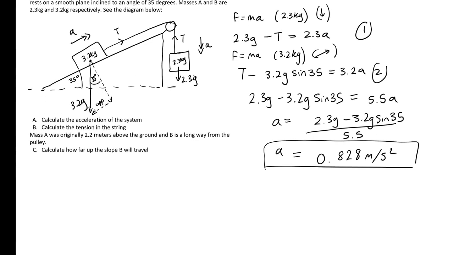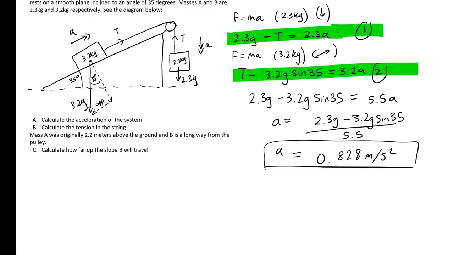And then in part B, calculate the tension in the string. Well, if we look back at these simultaneous equations, we can actually see this is fairly easy to do. T and a were the two things that were missing in those equations. We found one of them. Simultaneous equations are always much easier to deal with once you've found one of the variables.